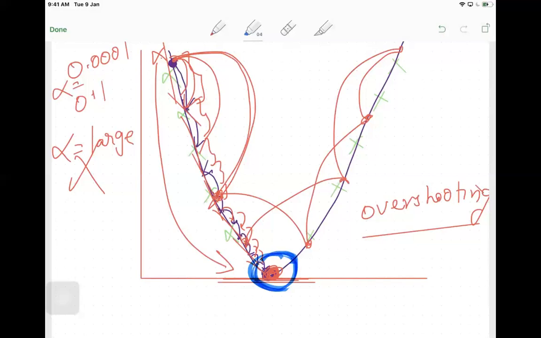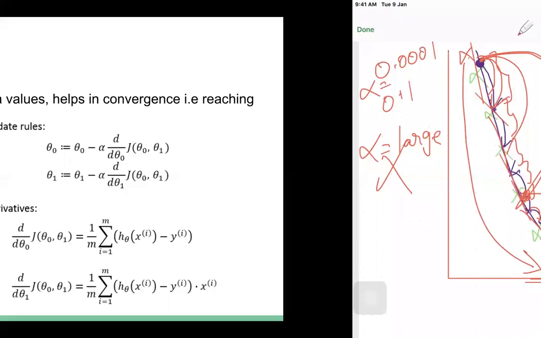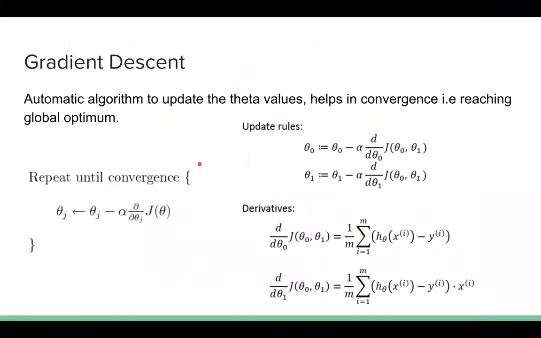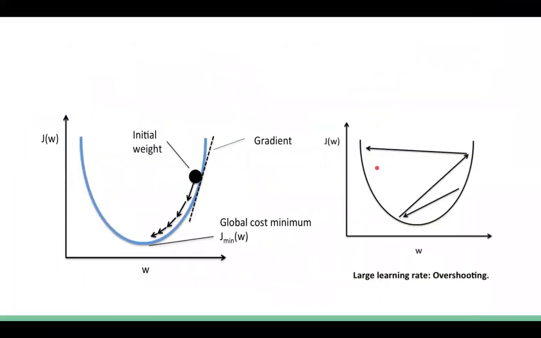That is the reason alpha values are generally between 0.0001 and 0.1. This ensures that the step sizes we take in this diagram are small, and makes sure that it actually reaches the global minimum. So this is my initial weight that I have taken. Why are we doing this partial derivative? The partial derivative is nothing but your tangent.